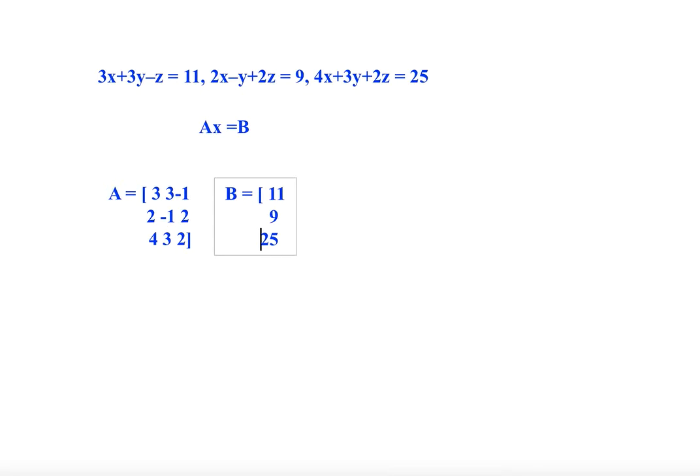Whatever is after the equals sign becomes part of the B matrix. In the order, if you name the equations 1 2 3, you have to follow the same order, because we followed the same order for the A matrix also. Now we have A and B.